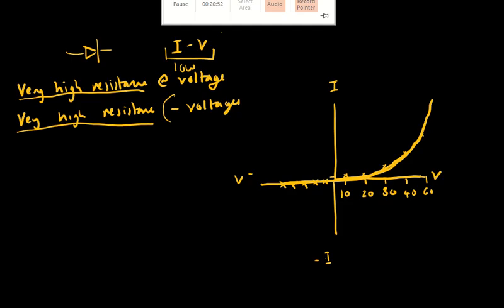Okay, so hopefully you've done that and you realize that that would be in this location here. So my resistance is going to be low when the voltage is high, and the opposite would be true. The resistance is going to be high when the voltage is low or the voltage is in the opposite direction. So a semiconductor diode will not allow current to flow through it in the opposite direction.